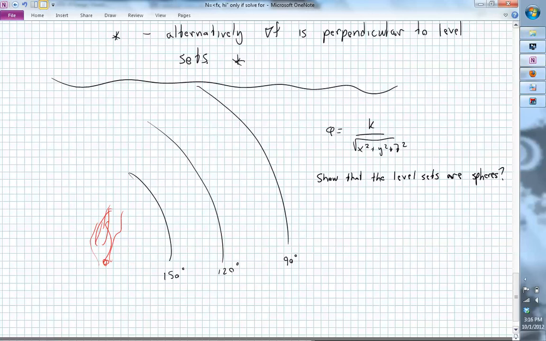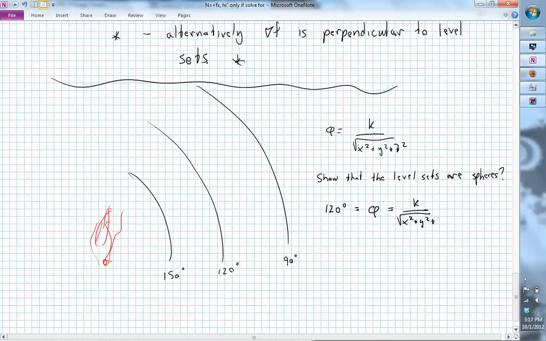You're a specific temperature, right? So the level set associated with, say, 120 degrees is all of those points where phi is equal to 120 degrees. Agreed? Let's see what that looks like algebraically. That's the same as setting k over the square root of x squared plus y squared plus z squared equal to 120 degrees.